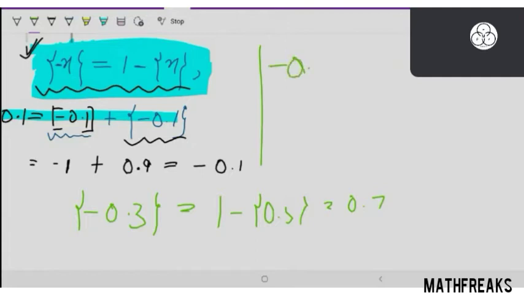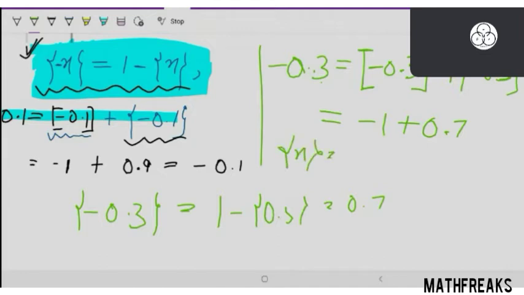See, box of minus 0.3 plus curly of minus 0.3 is minus 1 plus 0.7. Obviously now, because what? You just see x is what? x minus box x. So you get this 0.7 obviously. Here also we are getting this.